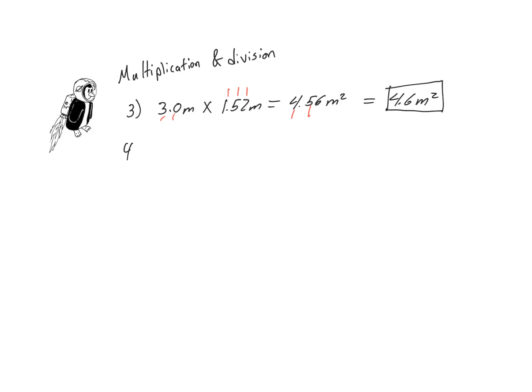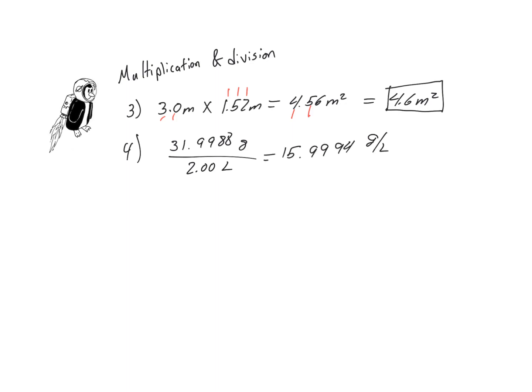For example 4, let's say we start off with a measurement of 31.9988 grams. And we want to divide that by 2.00 liters. Our calculator will tell us that's 15.9994 grams per liter.